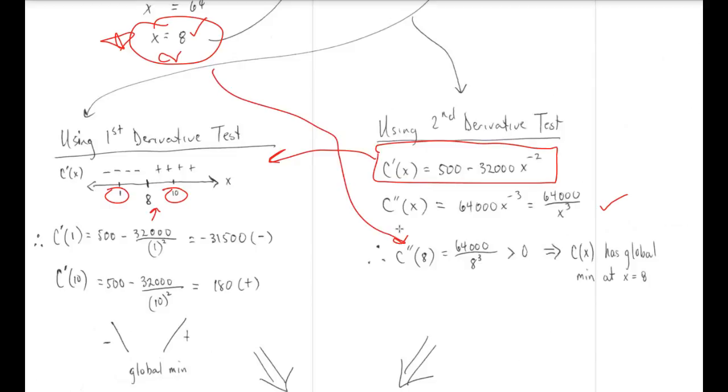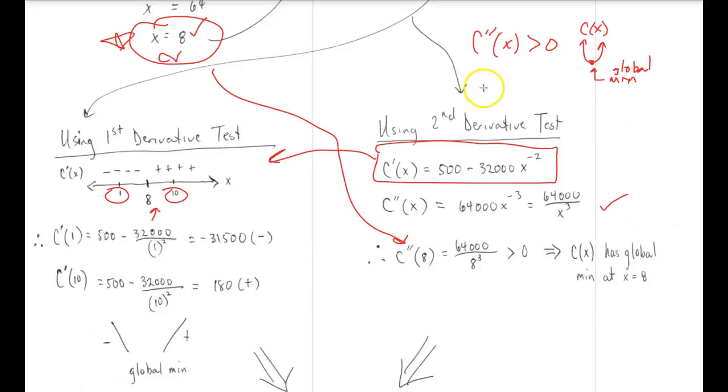And by doing that, this is what we end up showing. If we show here that the second derivative at that particular value of x is positive, then we know that C of x was concave up, and this point right here was a global minimum.